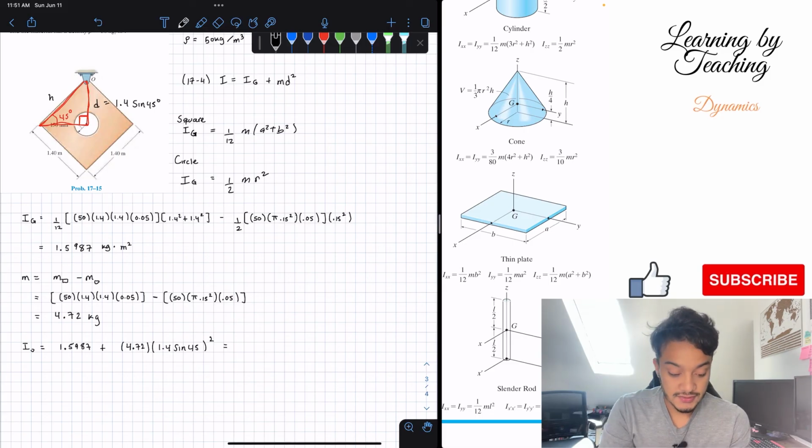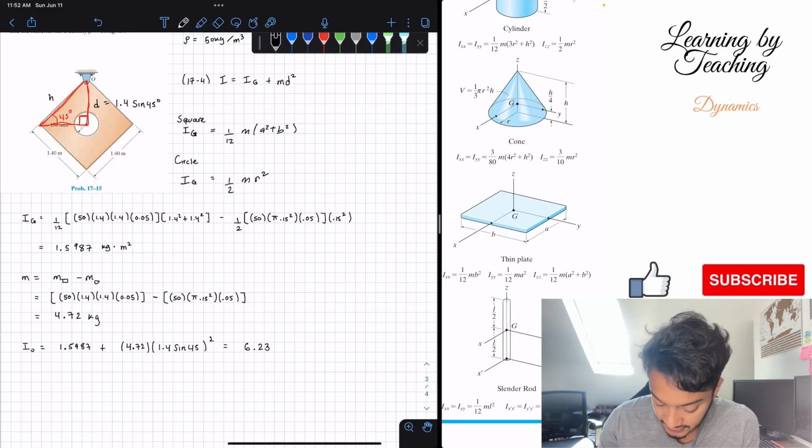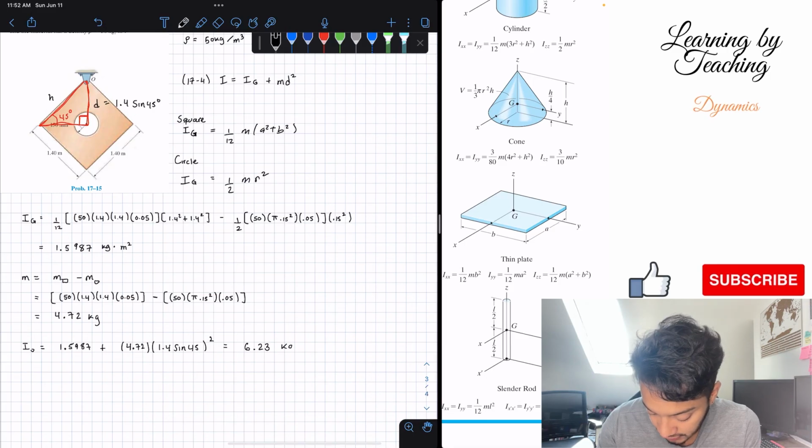And when we plug this into our calculator, we got this plus the multiplication of these two, which will give me a total of 6.23. We round to 2 decimal places, and the units should be kilograms times meter squared.